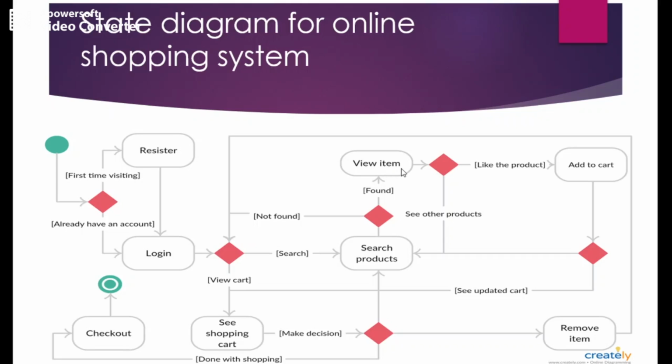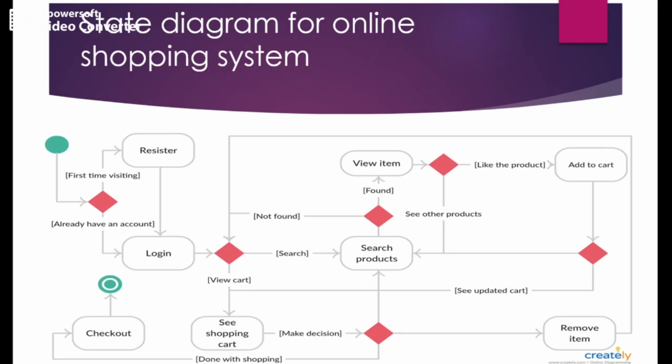So you can go through the detailed specifications of that product. After viewing the item, it's your decision whether you will see some of the ratings or reviews, and based on that, you'll decide whether you like the product or not.